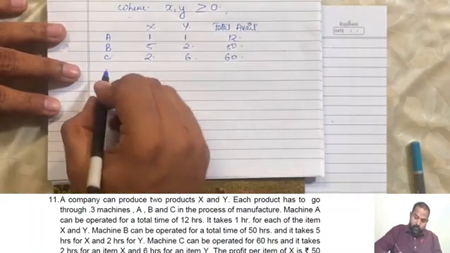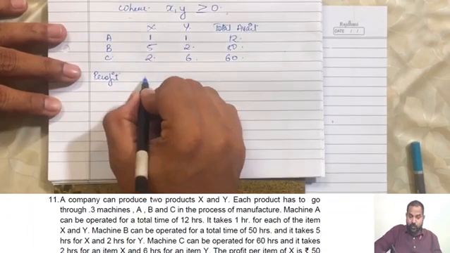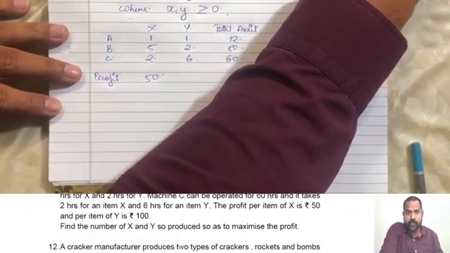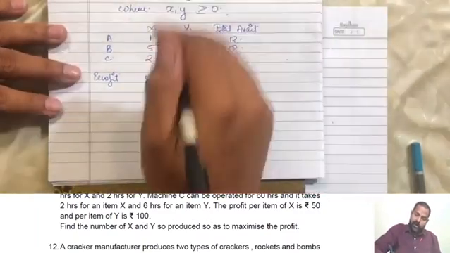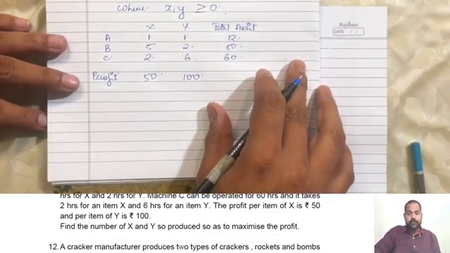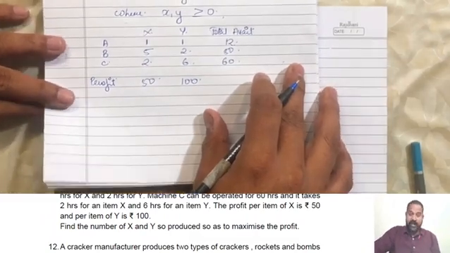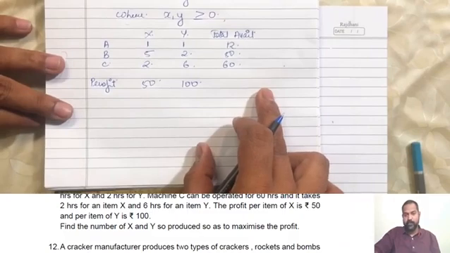The profits are given to you. Profit per article X is rupees 50. And what about Y? Per article Y is rupees 100. Find the number of X and Y so produced to maximize profit. First line, let us produce X units of X and Y units of Y. Correct?